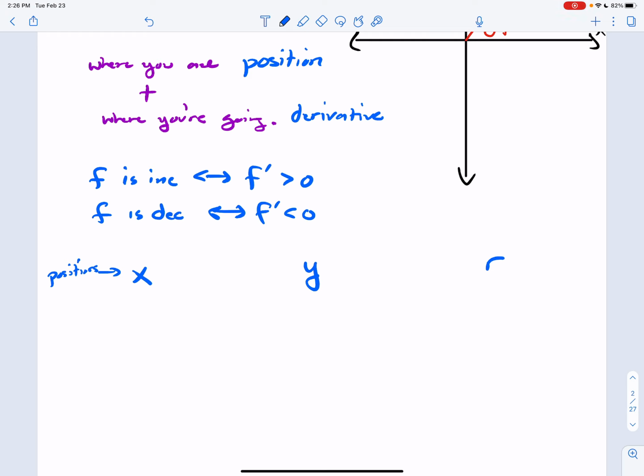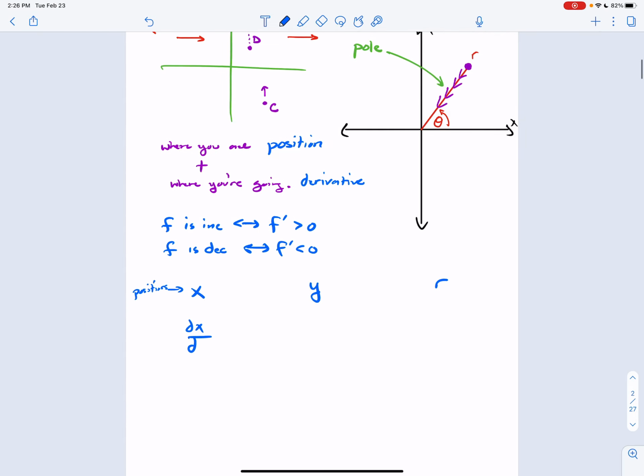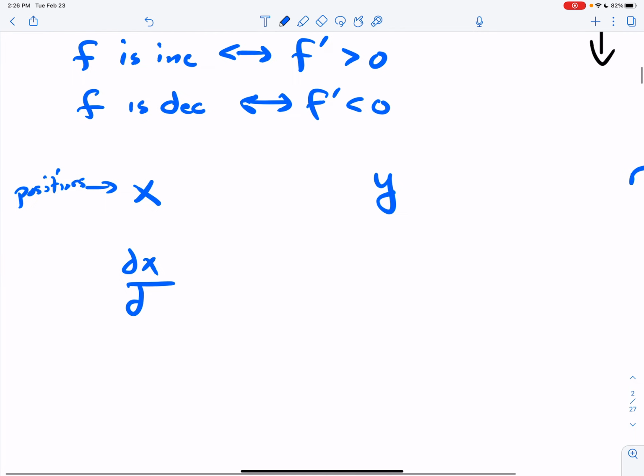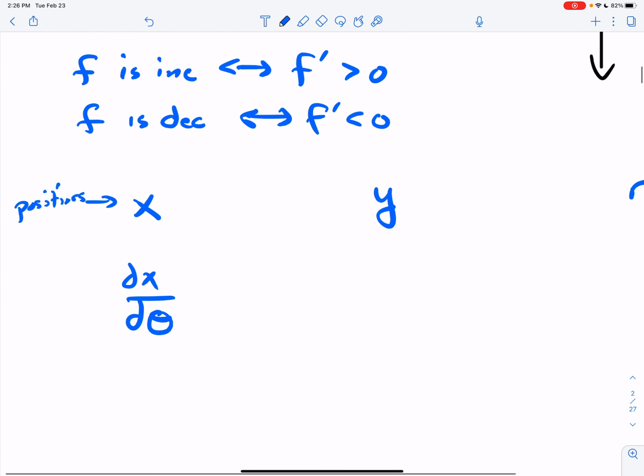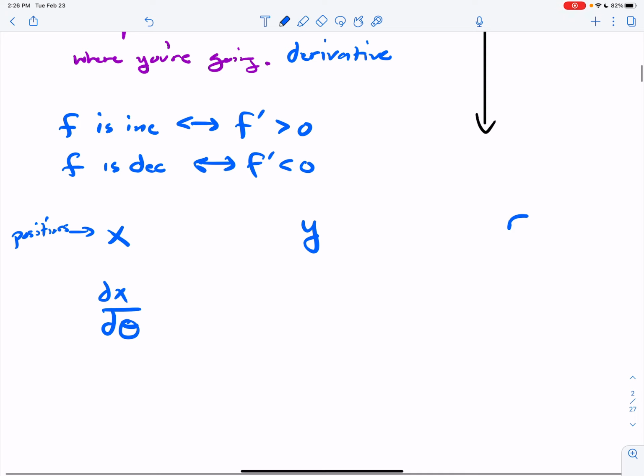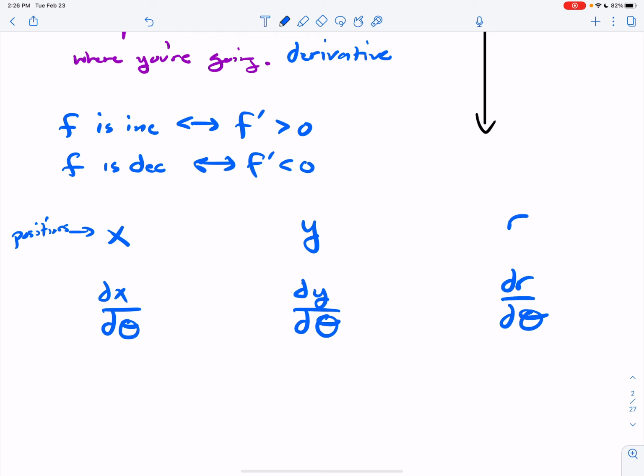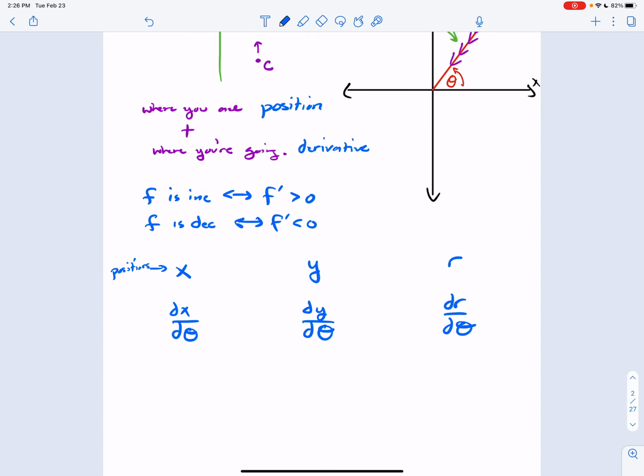Now, take a look at their derivatives. There's the derivative of x with respect to theta, the derivative of y with respect to theta, and the derivative of r with respect to theta. So, what you want to think about here.